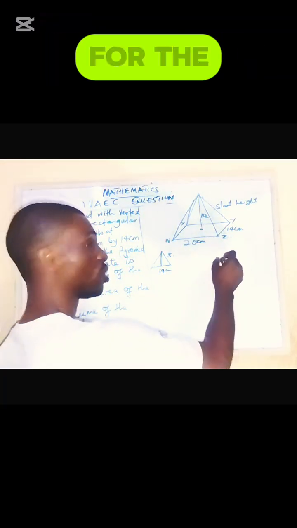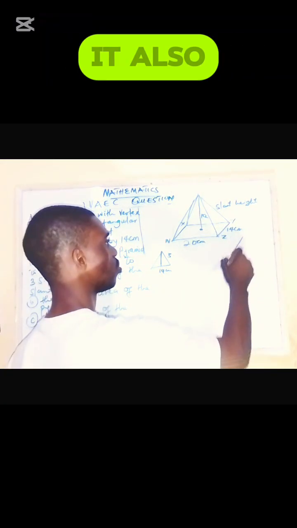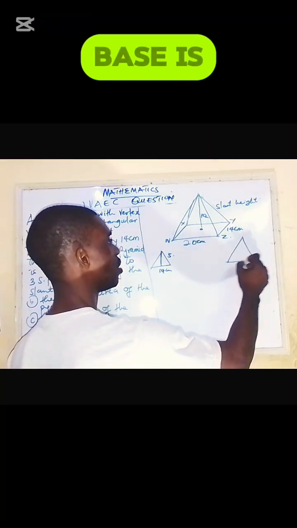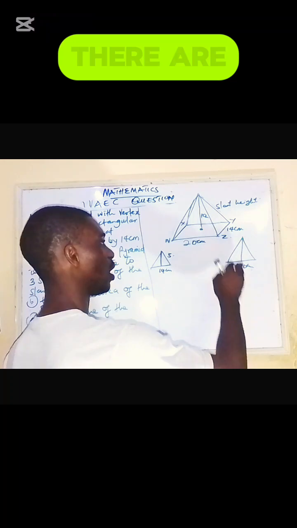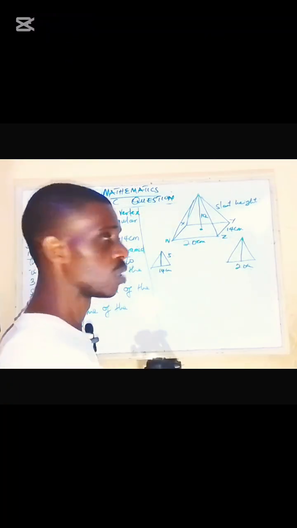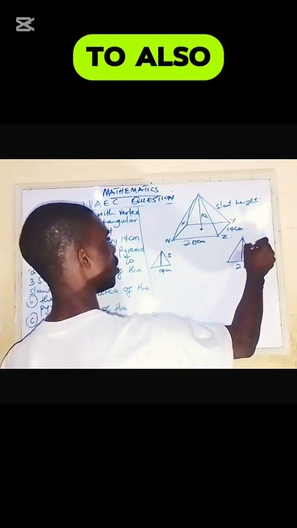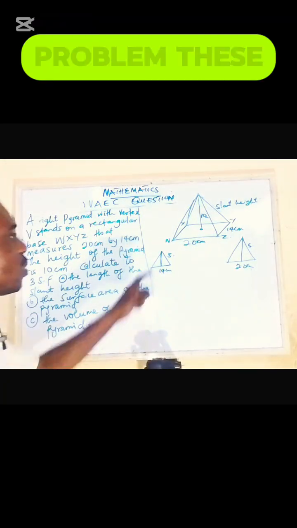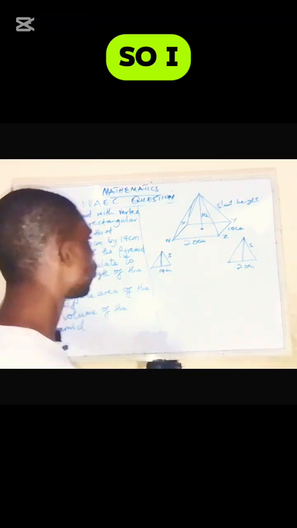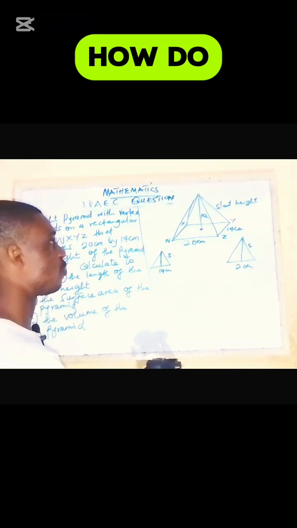The second one has a base of 20, and its height is also here. There are two of each. The slant height is the same for all, but these heights are probably not the same. So I need to find these heights. How do I find them?